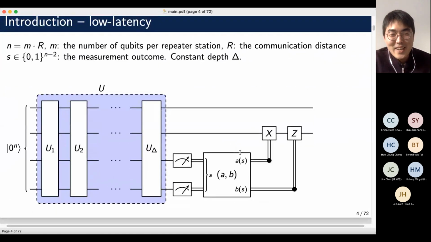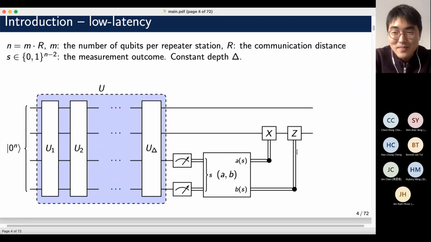Okay, here's the diagram for this low latency. Starting with the 0 state, we apply some unitaries U1 to U delta, and we measure out all the qubits except for 2 qubits. One would be in A1 and one would be in AR. And then according to the measurement outcome, we apply some local operations.